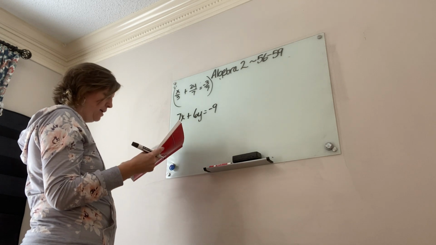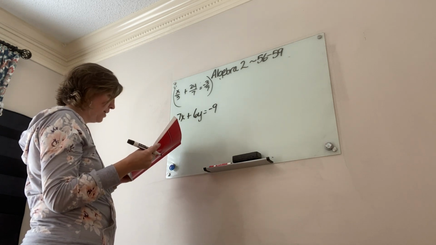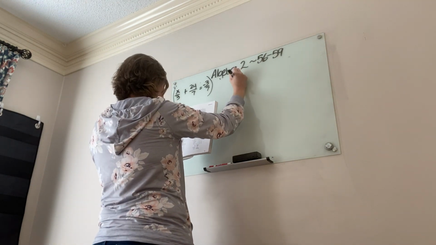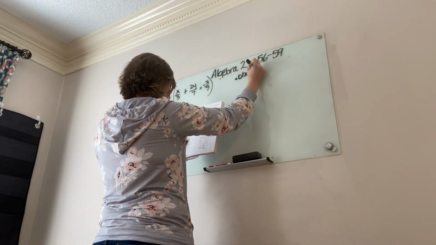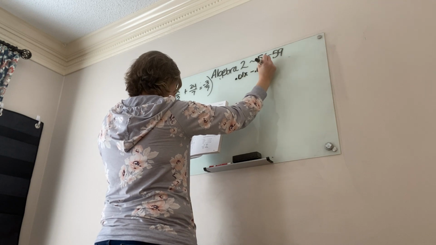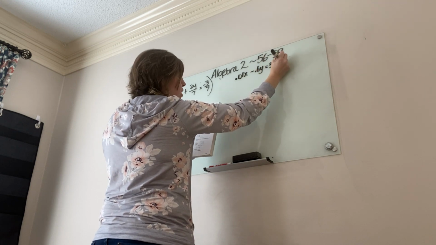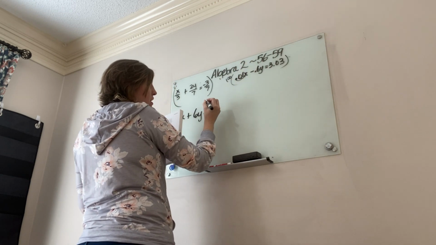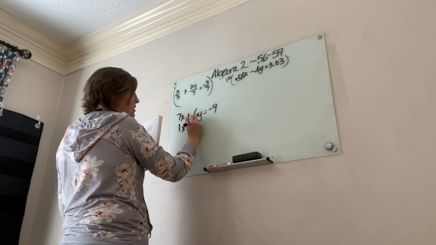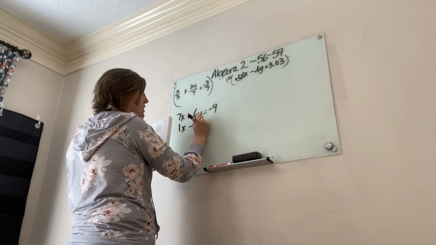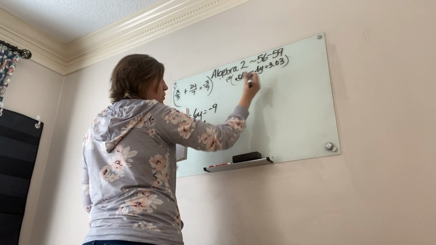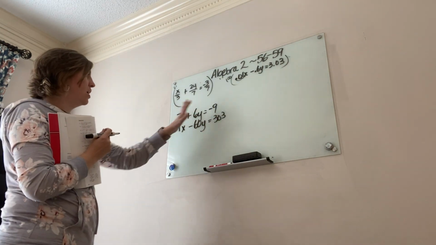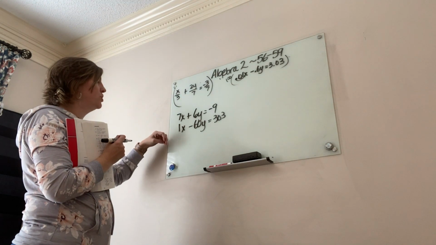And then they gave me another equation, and the equation had up to 2 decimal points. So it's 0.01x minus 0.6y equals 3.03. Well, if I multiply everything by 100, I end up with 1x minus 60y, I had to move it over 2, equals 303. So now I've got all of this. Now I can solve it one of 2 ways.